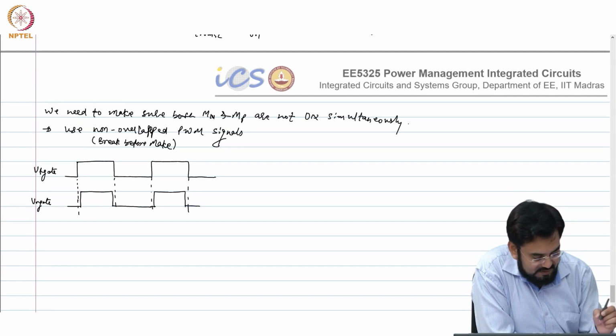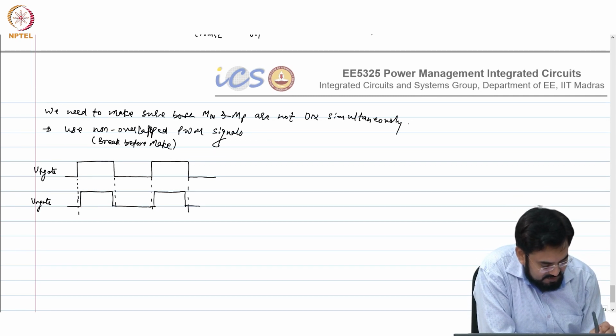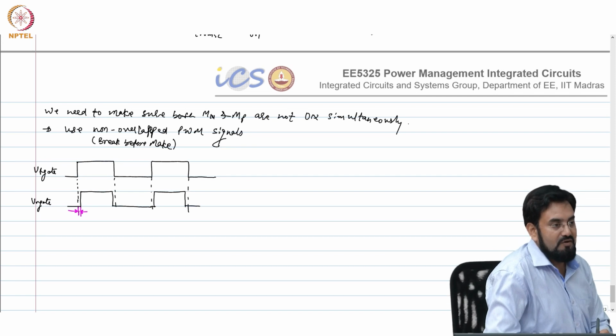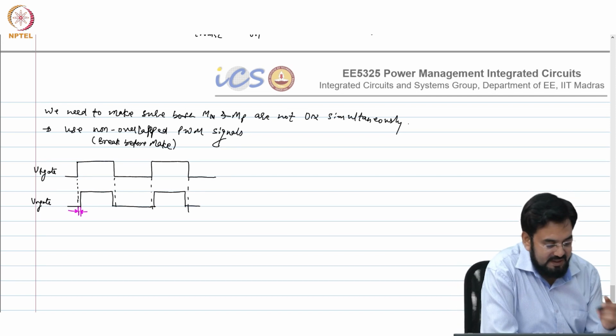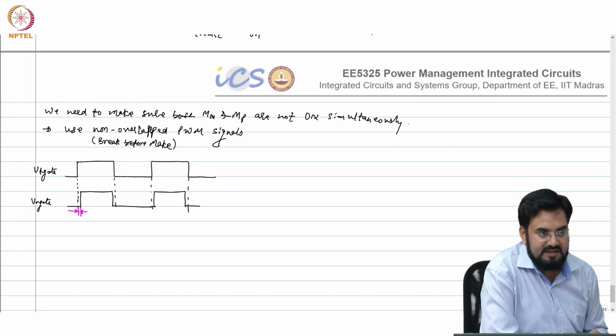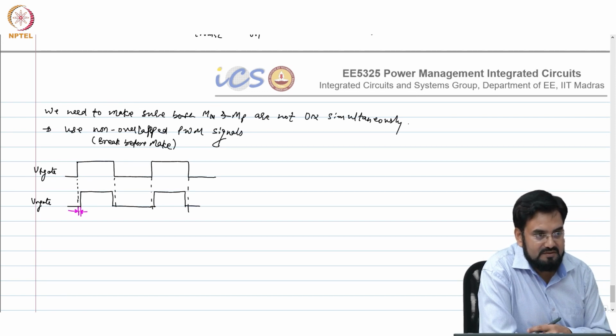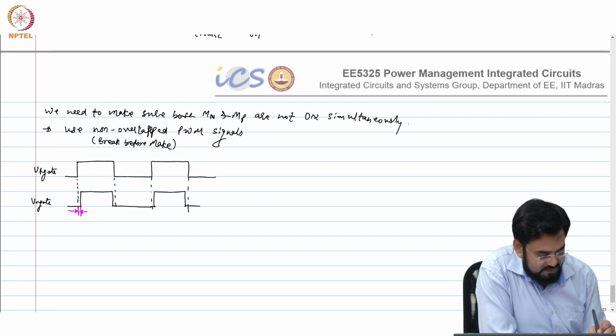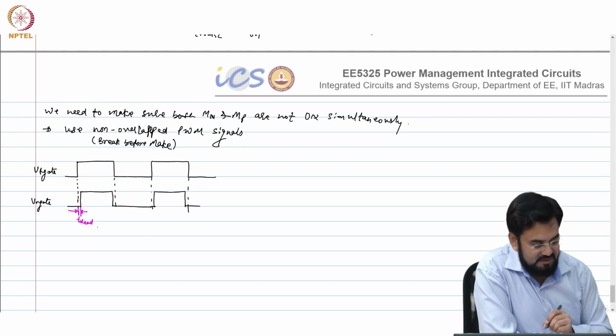This is the time actually where both FETs are off. So your P gate is high, so that's a PMOS, so that is off, and N gate is low, so both FETs are off. And this is called TD, or I'll call it T dead actually.